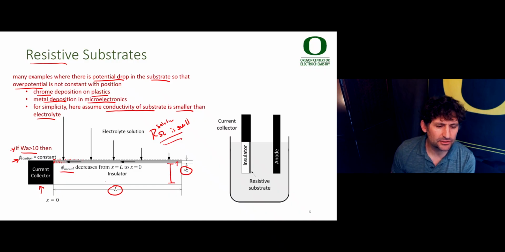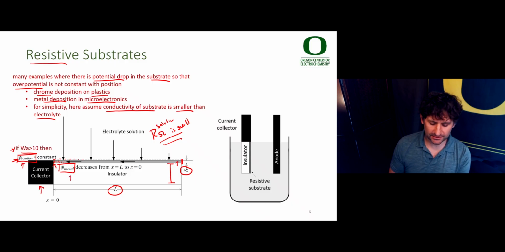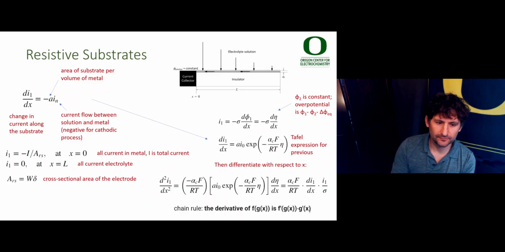And the electric potential in the metal decreases from X equals L, the edge furthest from the current collector, to X equals 0. So you can see here that the difference between phi metal and phi solution is going to change with position. That's because phi solution is constant, while phi metal changes due to the resistance of this thin conductive film. Let's do this quantitatively, keeping this picture in our brain.